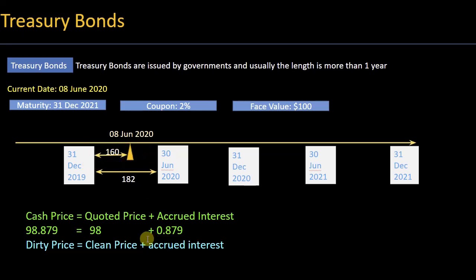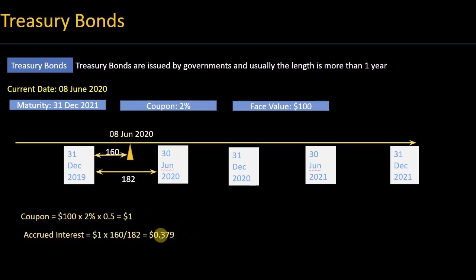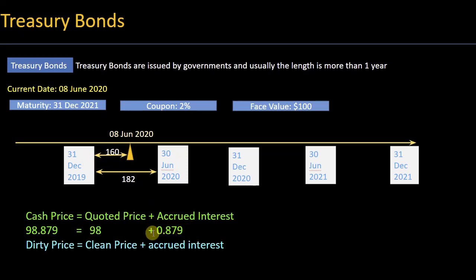So the accrued interest is 87 cents. We calculated it here, 87 cents. So you need to add the accrued interest to the quoted price to calculate the cash price. So this is the price. If you're selling this bond as at 8th of June, you will be receiving $98.87, not just $98.